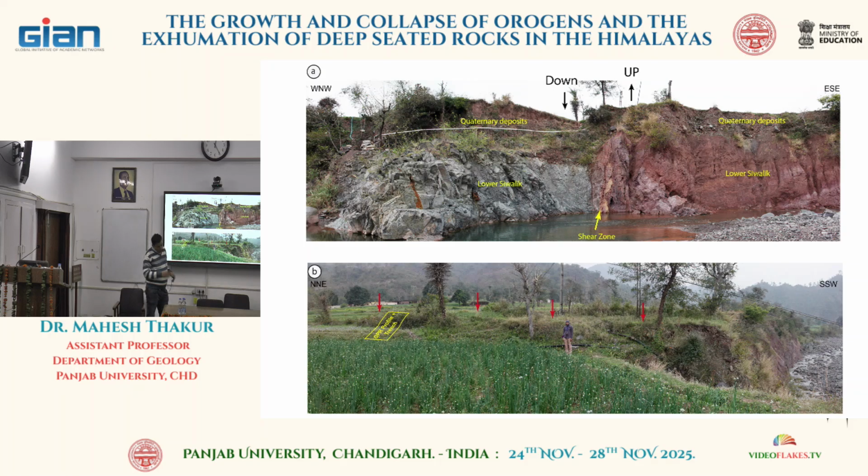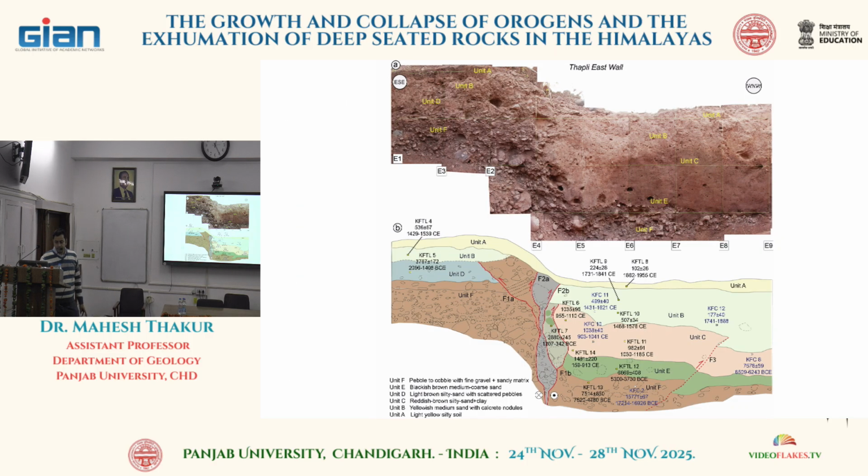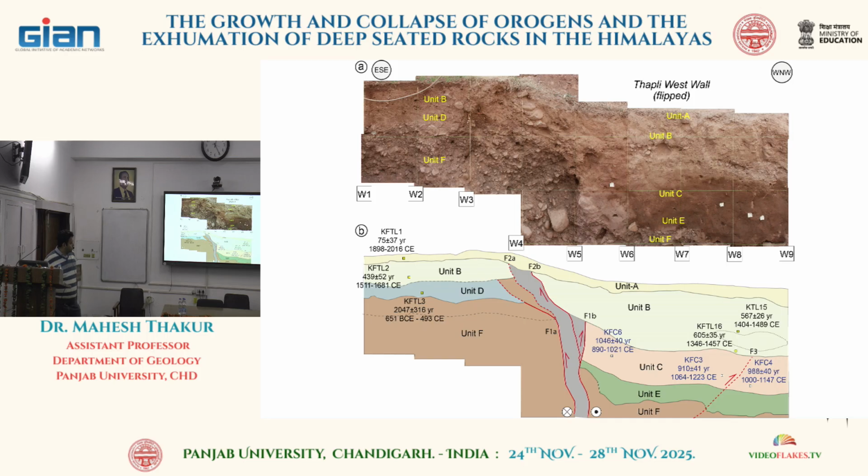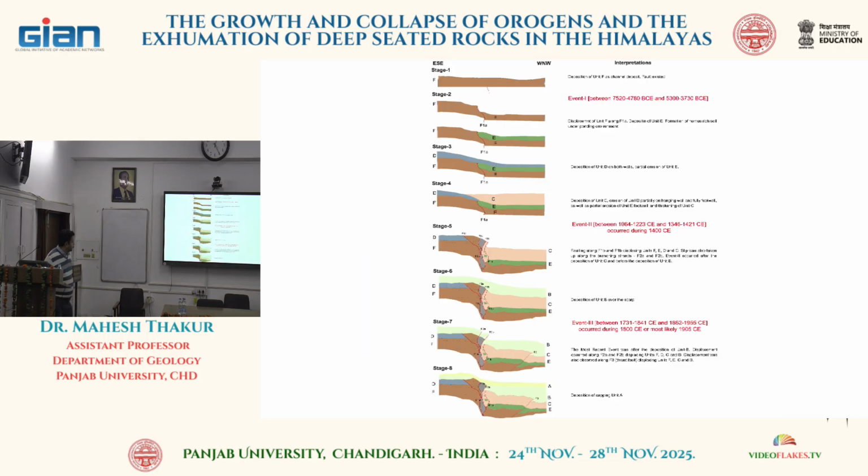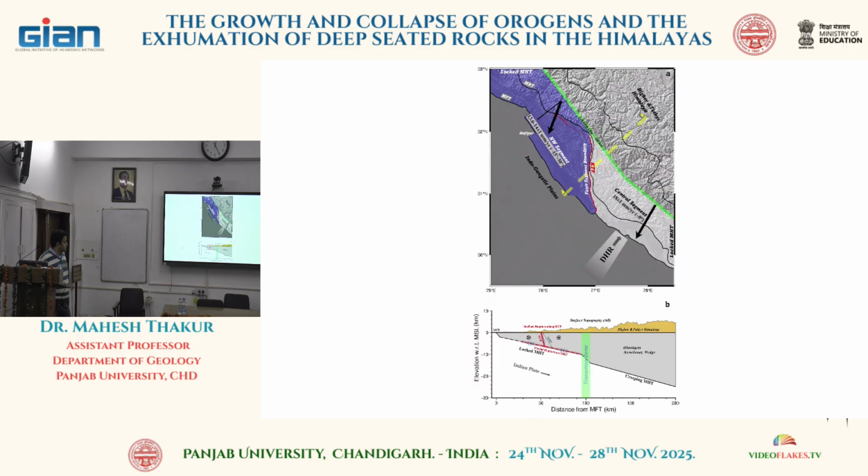We have done a GPR profile, local station, and then we have to convince the farmers that we will put a trench here; they have to be taken into confidence. So with GPR, we were then able to make the trench and get dates, and this is the interpretation. The three events were reported from this trench.